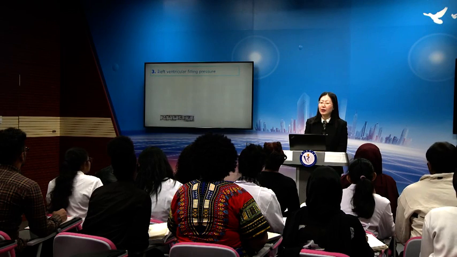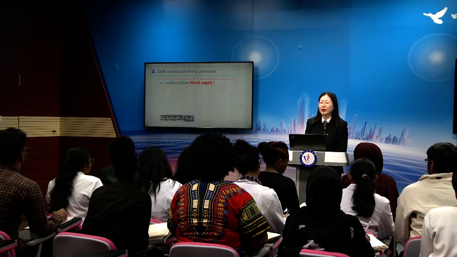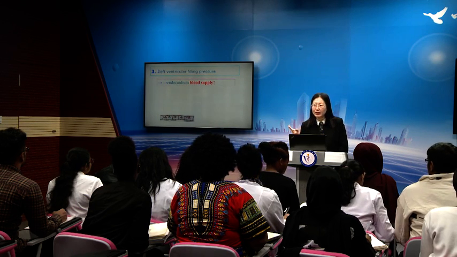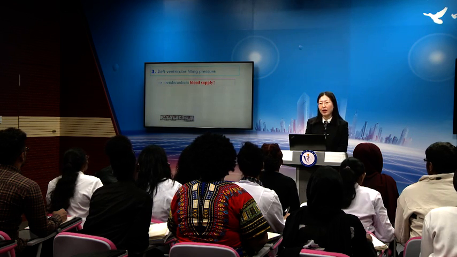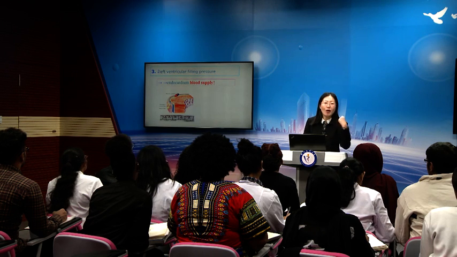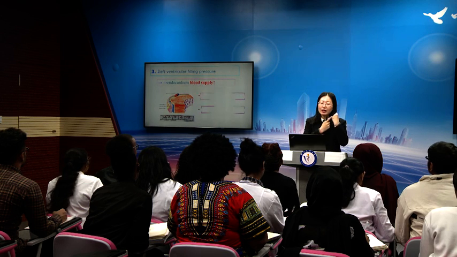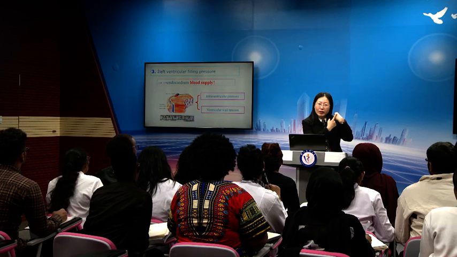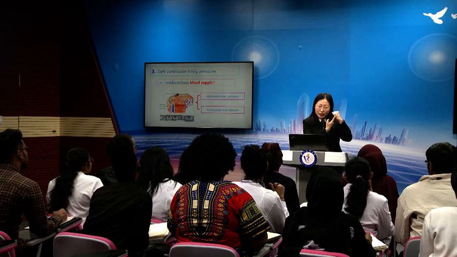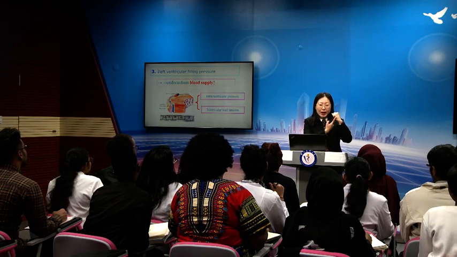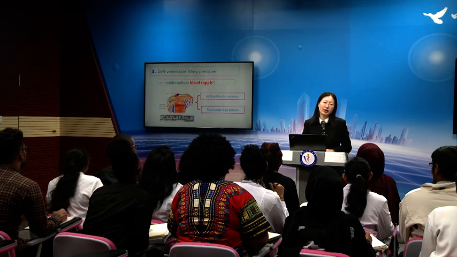Nitroglycerin can also reduce left ventricular filling pressure and increase ischemic region blood supply, especially the endocardium blood supply. So we know, for example, our heart has an outer layer and an inner layer. The outer layer has the vessels at this level, but the inner layer has the venous sinuses, okay? This blood supply is determined by intraventricular pressure and ventricular wall tension.